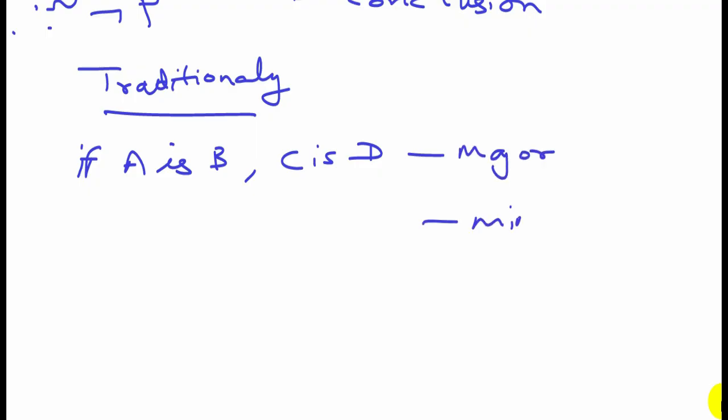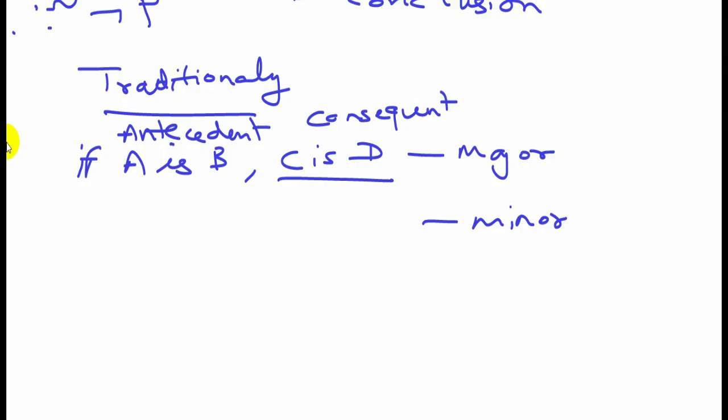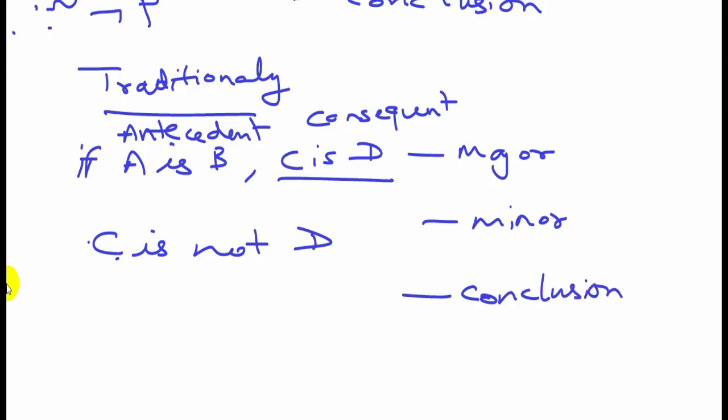The minor will deny the consequent. This is the consequent and this is the antecedent. So the minor will deny the consequent, so it will say C is not D. And then the conclusion will come in and say therefore A is not B.